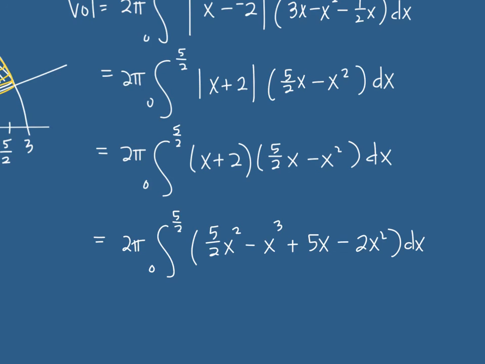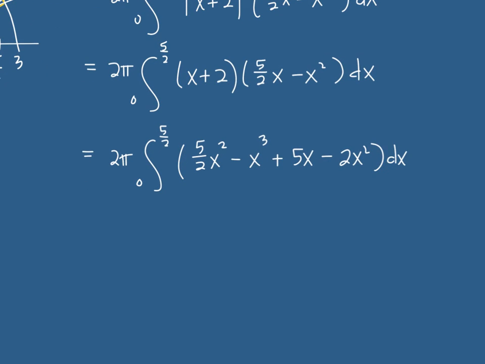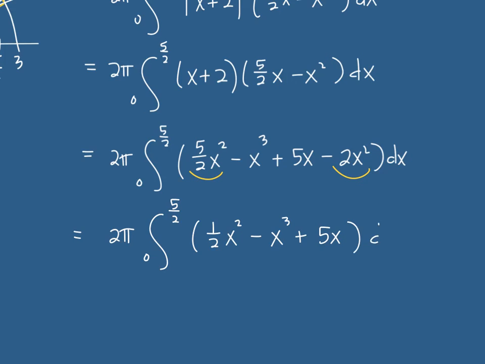And then you can take the antiderivative of that. Actually, there's a like term here, 5/2 x squared and -2x squared. So I could simplify this a little bit more before I do my antiderivative. So 5/2 minus 2 is 1/2 x squared minus x cubed plus 5x. And then I would be ready for my antiderivative.